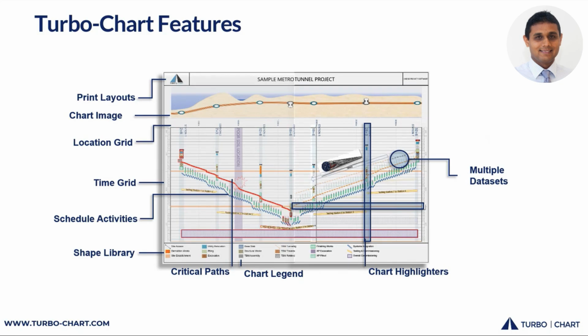So if you're doing a comparison, it could be baseline versus current, or it could be different scenarios, or even just last month versus previous month. We have the ability to bring in different versions of schedule data and present them almost like a baseline bar kind of feature in other tools. We can add text and graphics onto the charts.